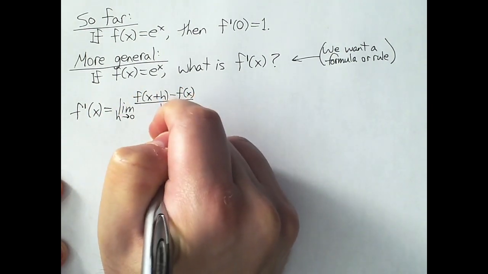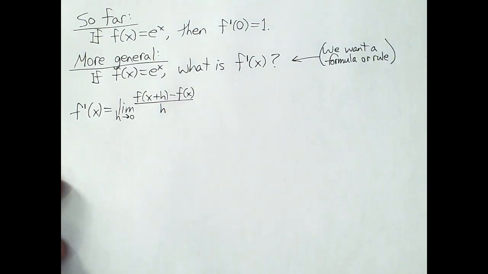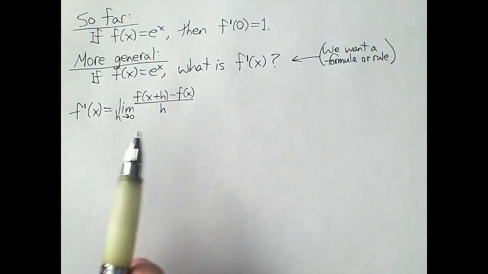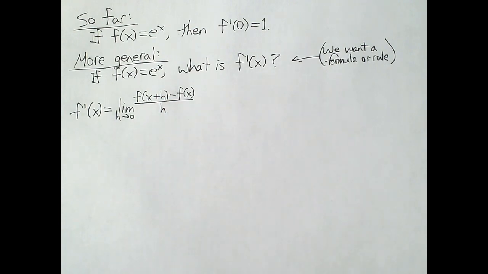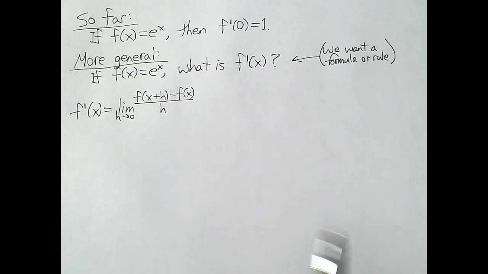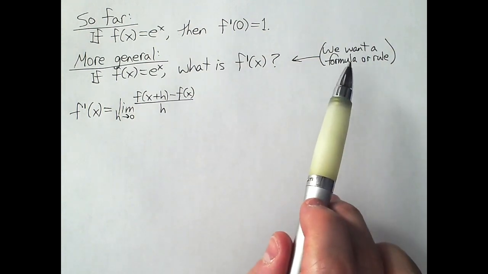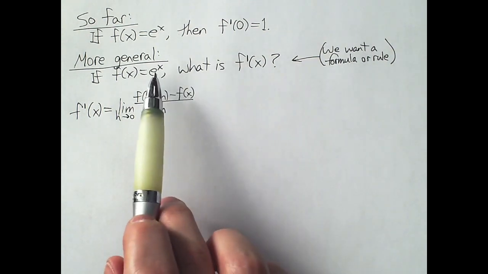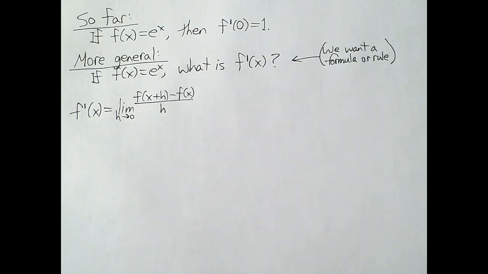Now, I know lately we've been trying to avoid using the definition of the derivative. We've been trying to use shortcuts instead, but we're trying to find a shortcut right now. So we'll use this and we'll do some steps, and we're going to basically come up with a rule. Once we come up with the rule, then we'll always be able to just use it.